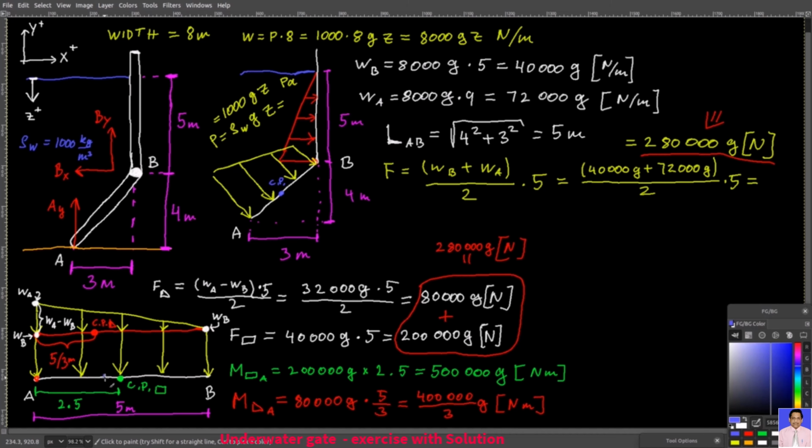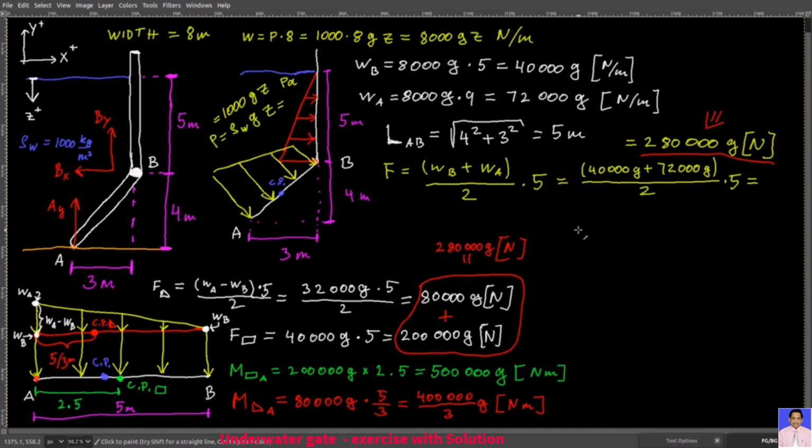And now, to get the center of pressure due to this general trapezoidal loading, you do it like this. You add up both forces due to your triangular and rectangular distribution.